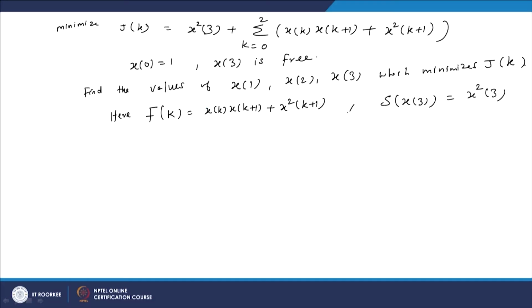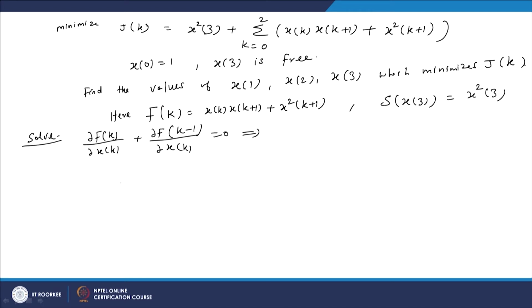So, now if you apply the two conditions, we have to solve the problem del f k by del x of k plus del f k minus 1 by del x of k equal to 0. So, this is the necessary condition.